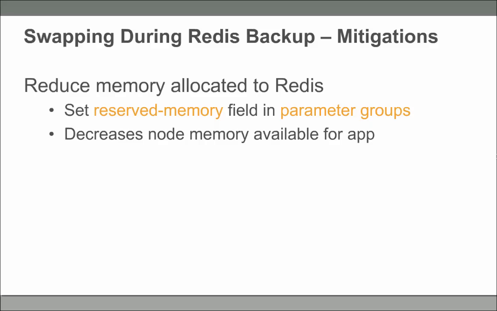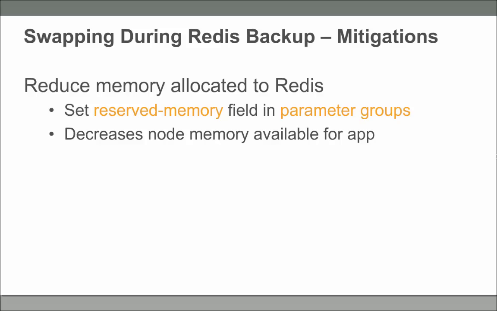So let's talk about mitigations. The first solution is to reduce the memory that you allocate to Redis, and we allow you to do that with a parameter called reserved memory. Reserved memory reserves some of the memory that you have on the node for overhead such as the save process of that snapshot. Let's take an example.